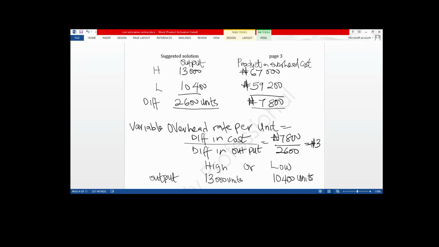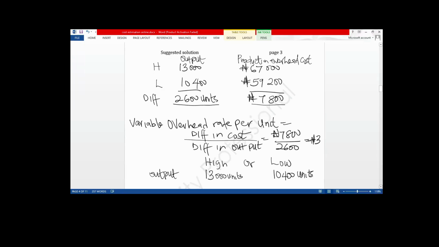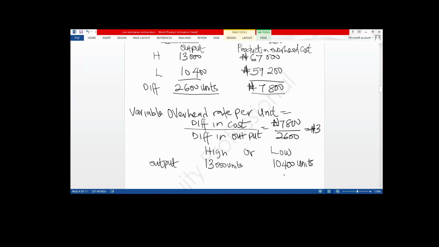Now, next, variable overhead per unit. It's 3 naira per unit. Calculate total variable overhead.